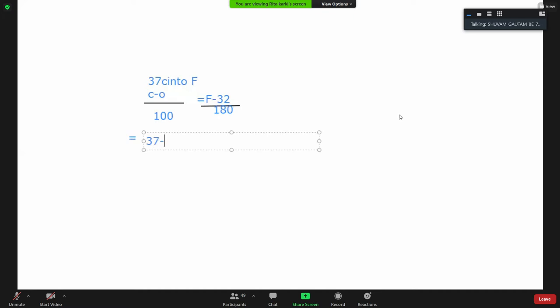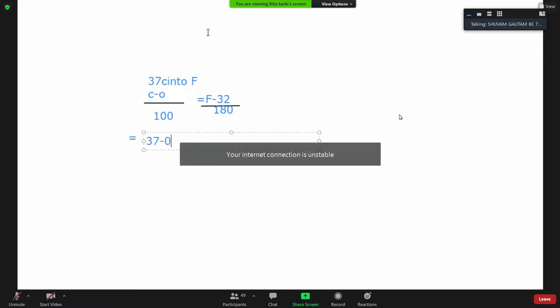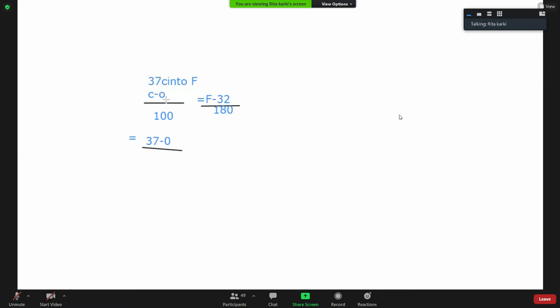37 minus 0 upon 100 is equal to F minus 32 by 180.